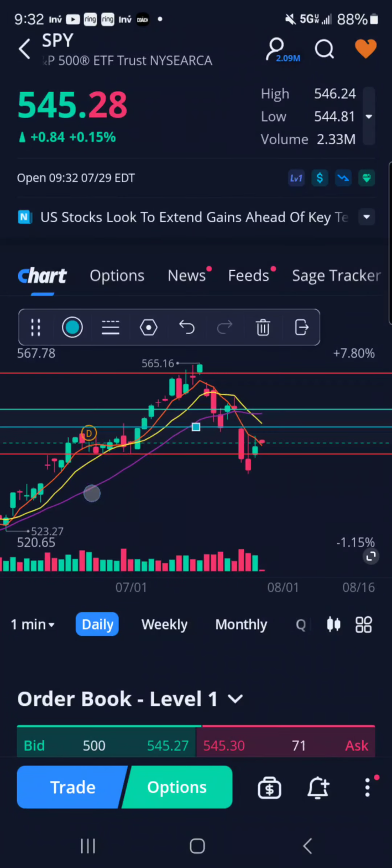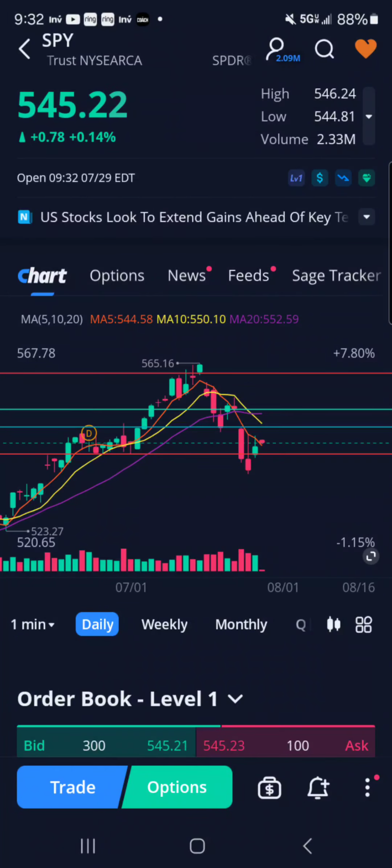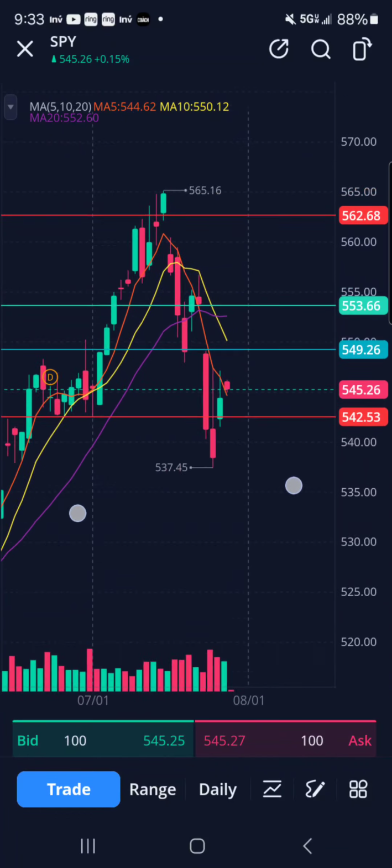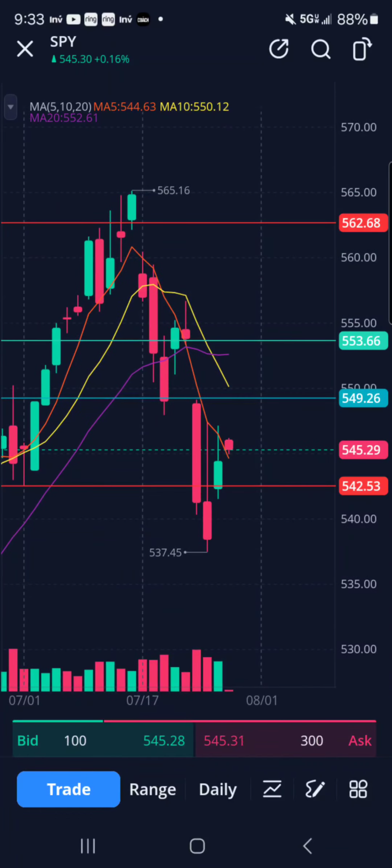Okay, so keep that zone. Whenever price hits this 549 level, we're expecting it to gap up.